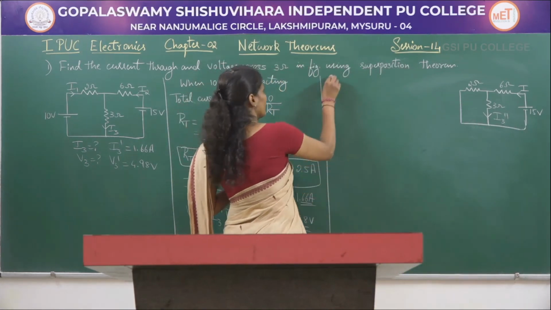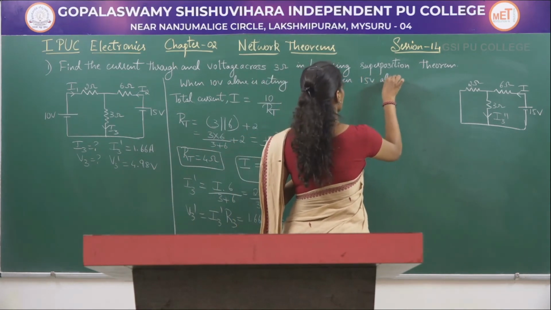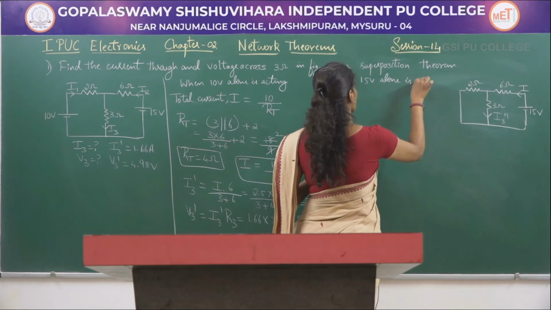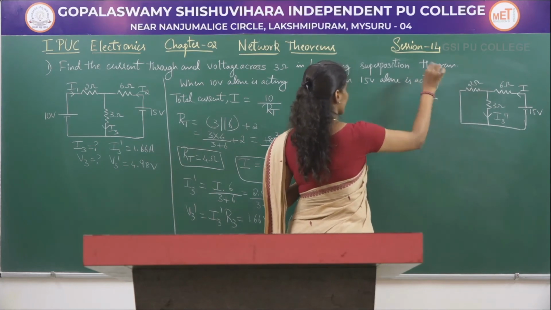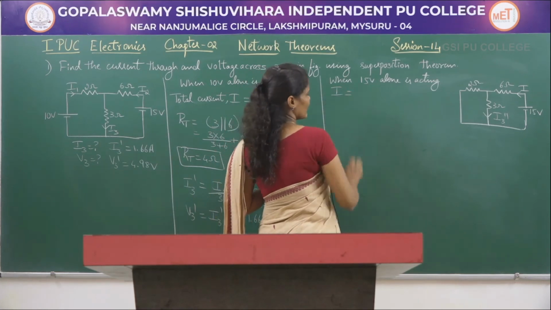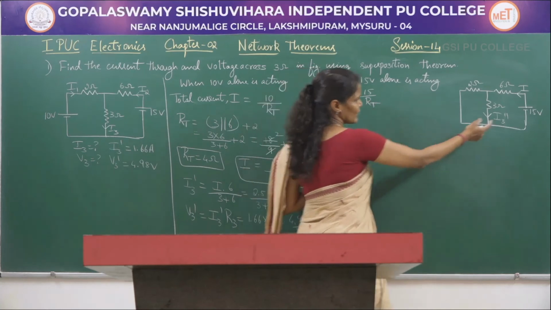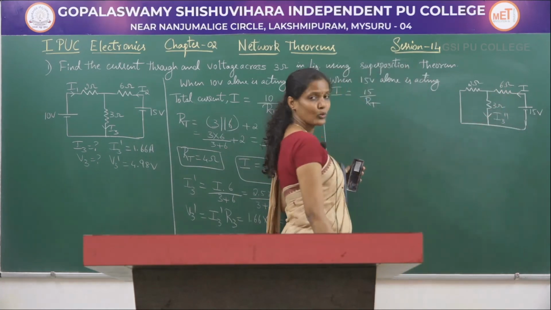So when 15 volts alone is acting, in order to find the total current I, the formula is I is equal to 15 divided by R total, that is the voltage source divided by the total resistance.